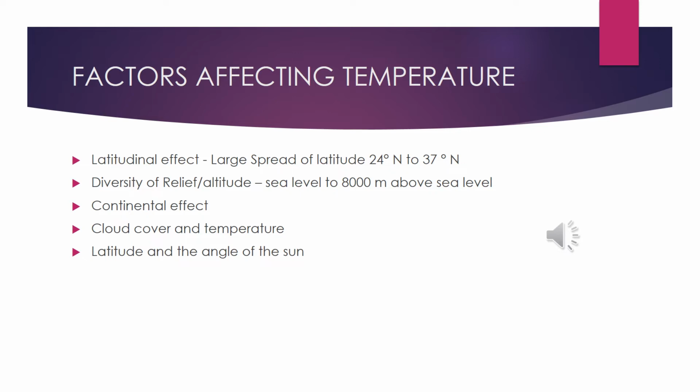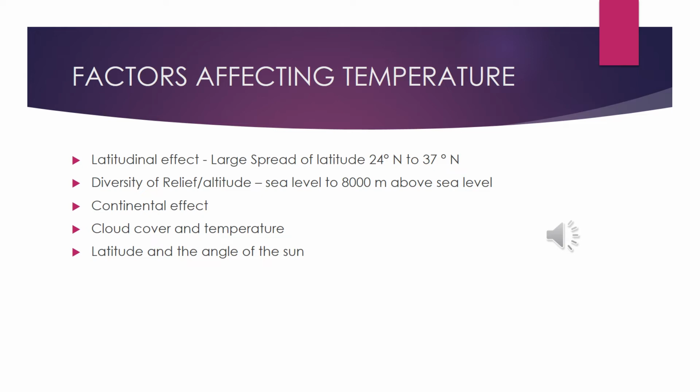Other than that, the northern parts of Pakistan are further away from the equator. The southern part of Pakistan, the coastal area, is right above the Tropic of Cancer. So the areas which are nearer to the tropics tend to experience higher temperatures because they are closer to the equator.